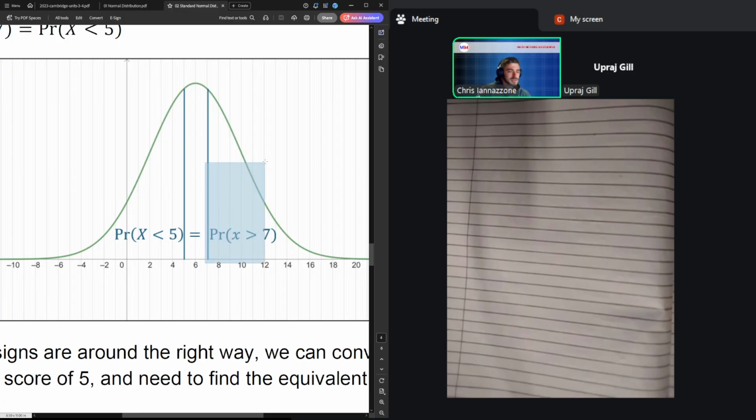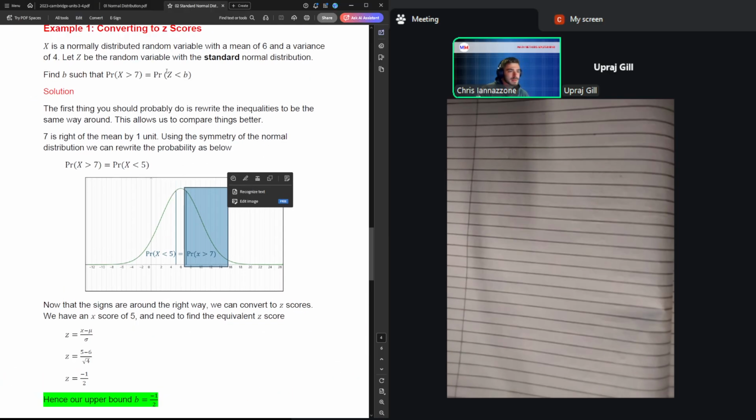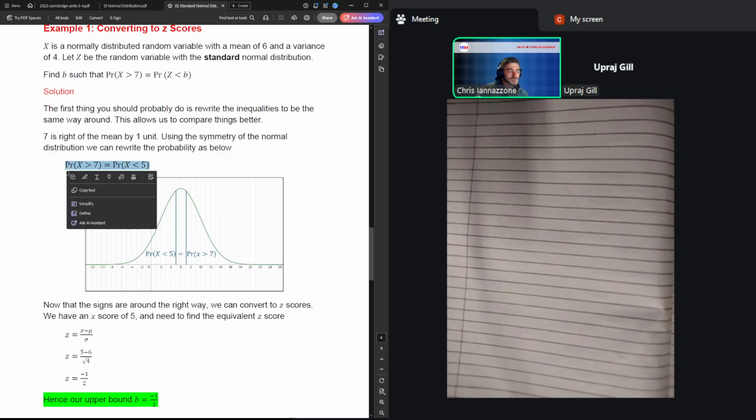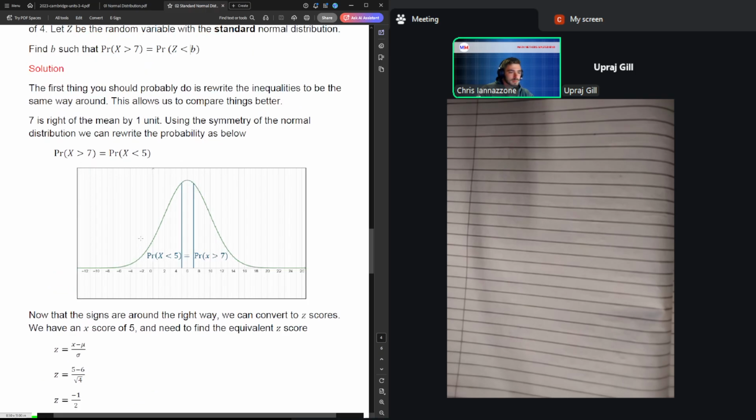For instance, x greater than 7 is pointing that way, but z less than b would be pointing in the other direction. So one of the things you want to do first is flip whatever inequality you know the most about. In this one, we actually have the value rather than just some b. It's easier to do the one that you know the most about. Flip that into the same direction.